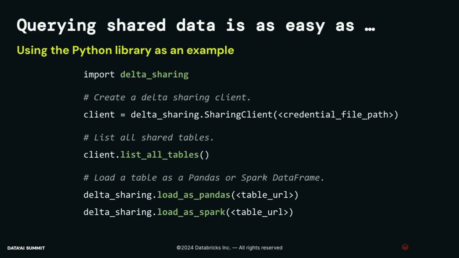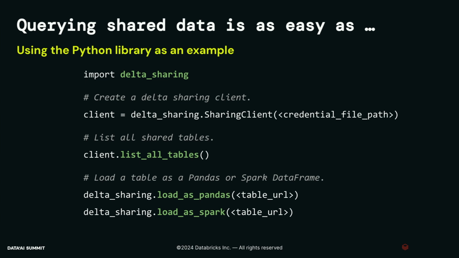So as a consumer, it's really easy to query shared data. Here, I'm just using the Python library as an example. It's really as easy as 4 steps. First step is you install the data sharing library and import it into your code. And then you can create a client using the credential that the provider generates for you. And third, you can call this list all tables API to browse through what are the tables being shared with me.